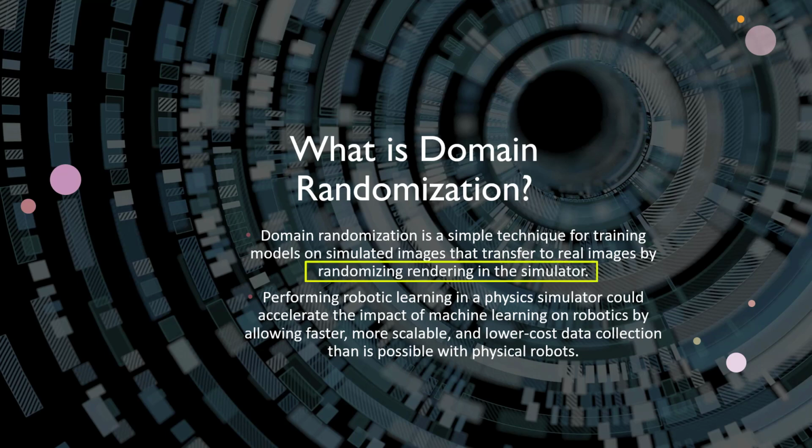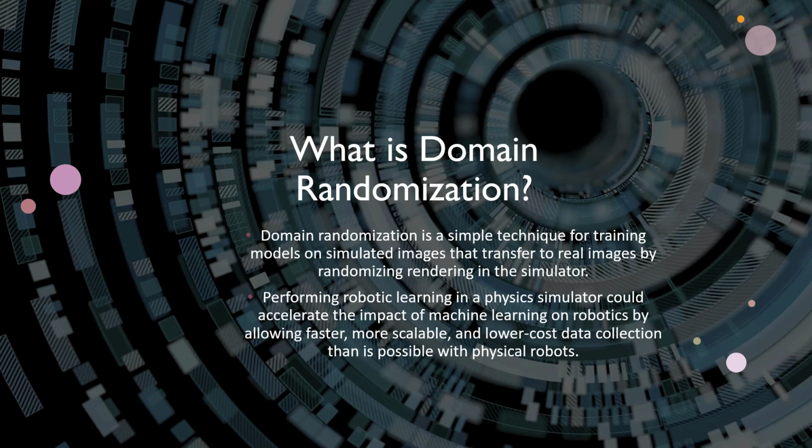Performing robotic learning in a physics simulator could accelerate the impact of machine learning on robotics by allowing faster, more scalable, and lower cost data collection than is possible with physical robots. But the purpose of domain randomization is to provide enough simulated variability at training time such that when we test the model, we can generalize to real world data.